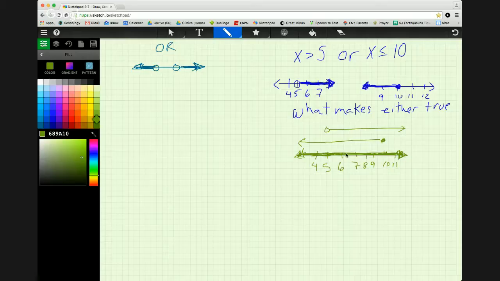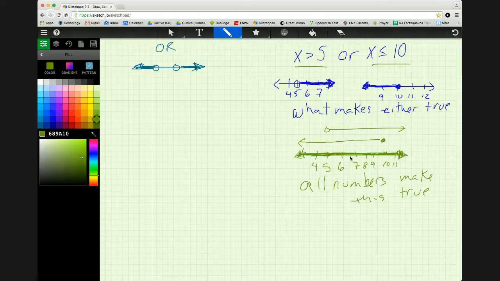So notice what we have here is that all numbers make this true. There's no number that is not greater than 5, or one of these has to be true of every single number. Let's look at the number 11. Well, 11 is greater than 5, so it makes this side true.